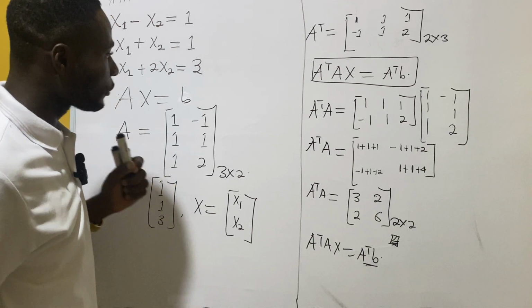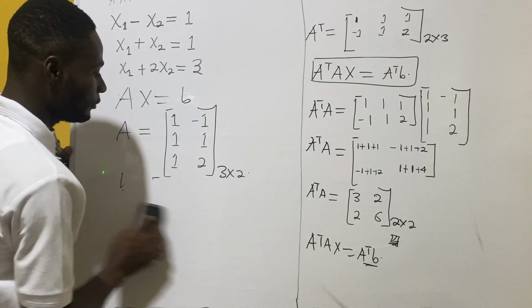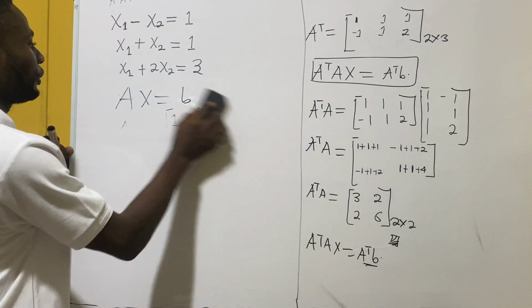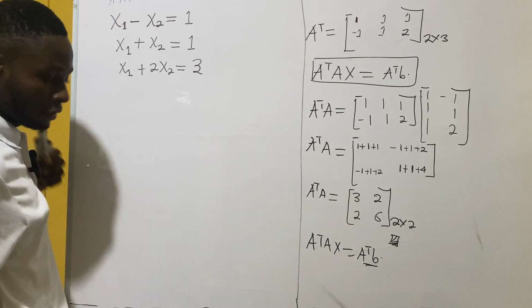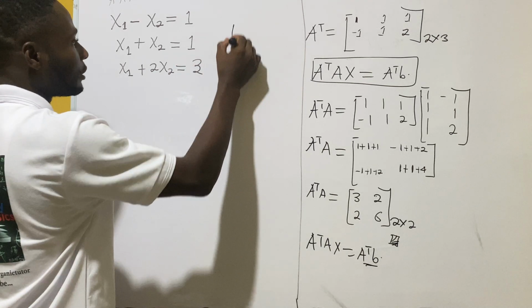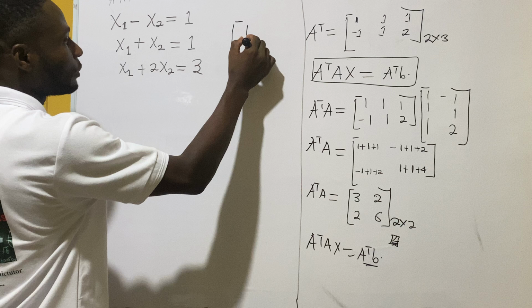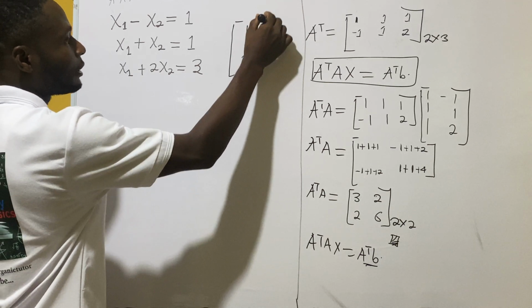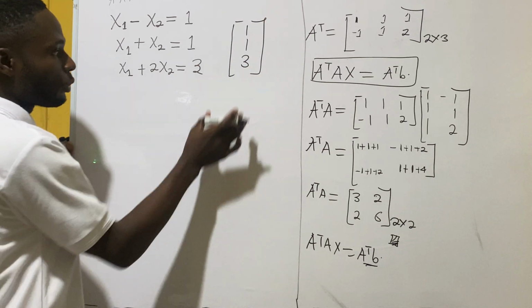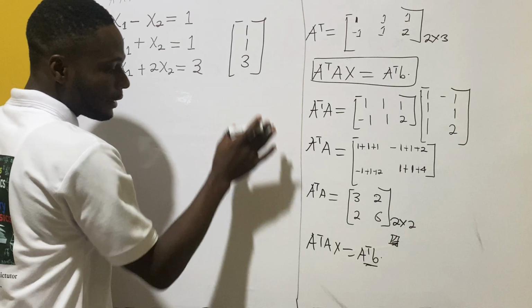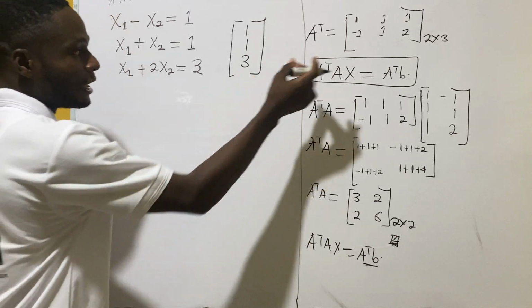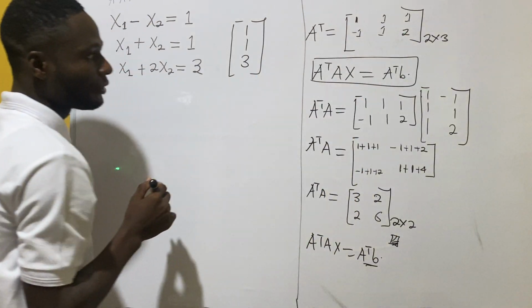Okay, so here, we know our constant here, 1, 1, 3, right? So we multiply this constant by the A transpose which we have here, right?